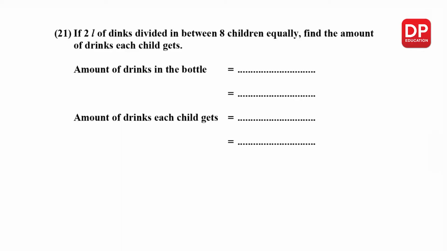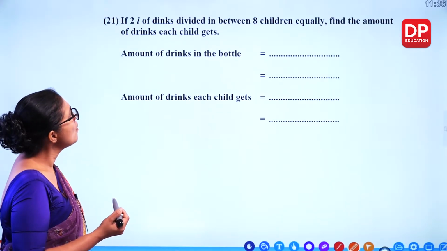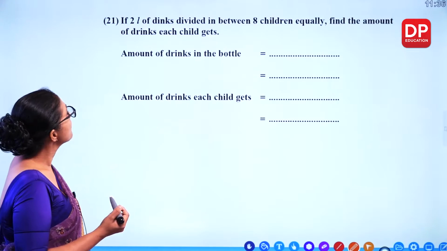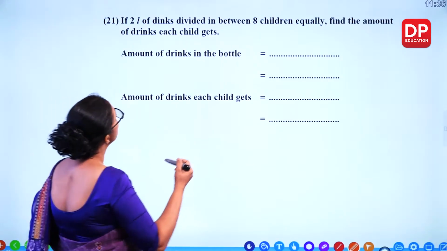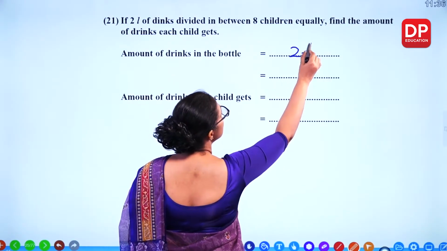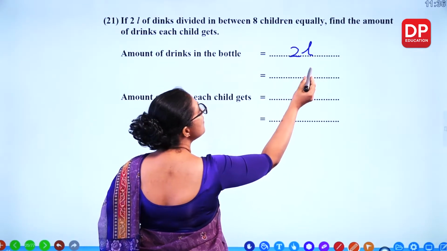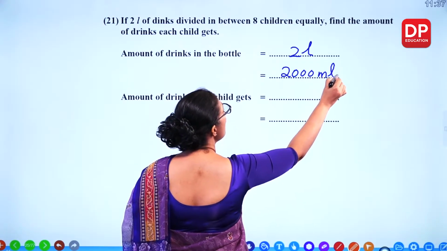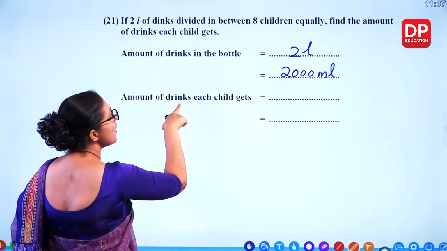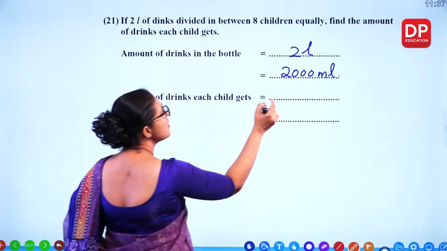Look at this one. If 2 liters of drinks are divided between 8 children equally. So same question now, 8 children are there. So what's the amount of drinks in the bottle? 2 liters. Convert to milliliters, that's 2000 milliliters. Now we have to divide this equally between 8 children.